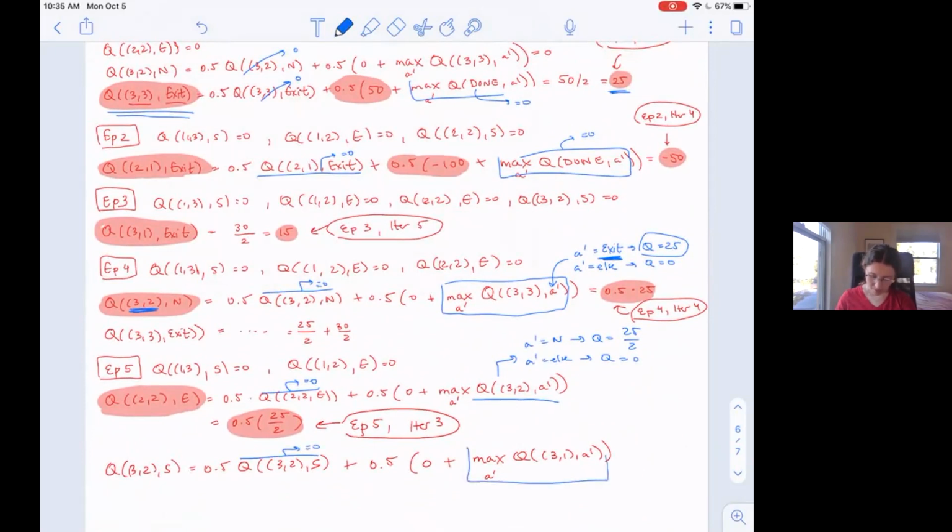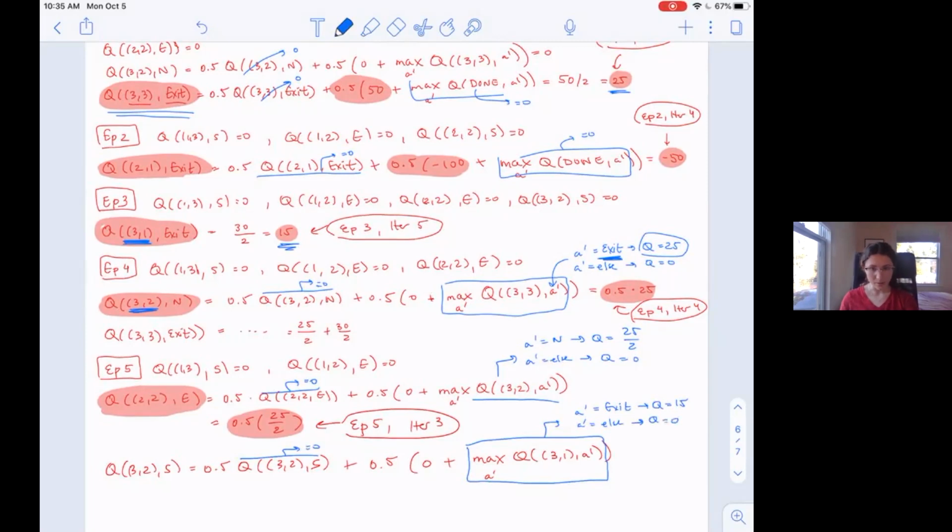What about some interesting value for 3, 1? And we have. So here, when we were updating Q of 3, 1 for the action exit, we saw that we accumulated a non-zero value here of 15. So here, if A prime equals exit, then we get Q equals 15. If A prime is anything else, then Q is equal to 0.